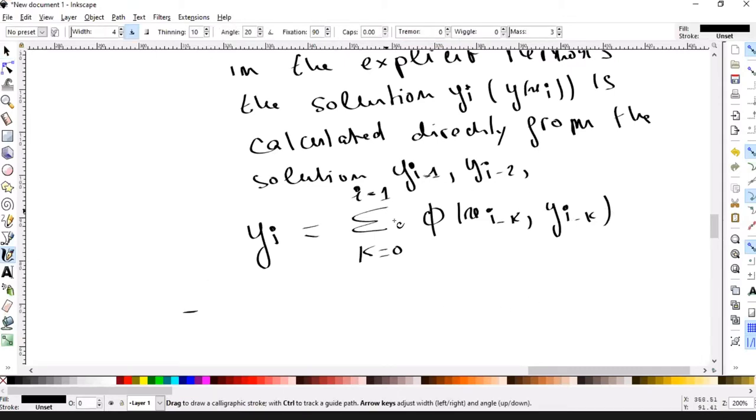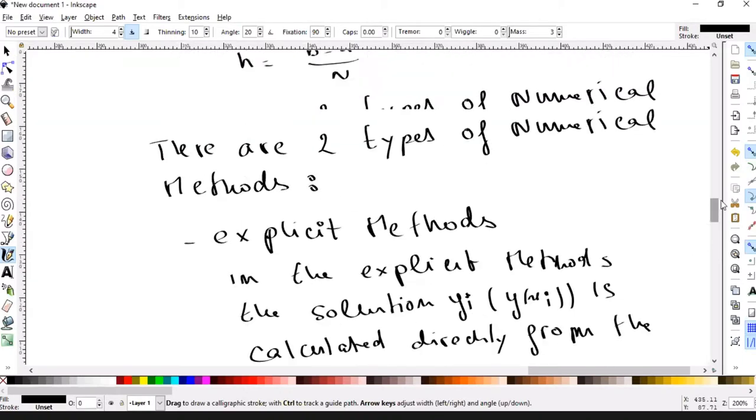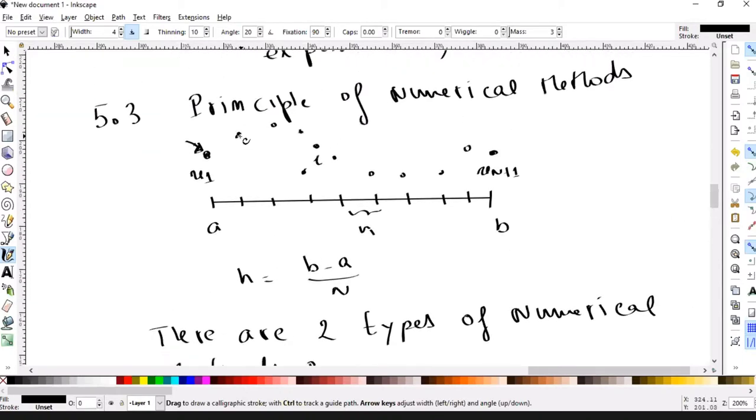I didn't define this function. The numerical method will define this function. And like I said, this point can depend upon just the previous point or can depend on several points. So the point xi can depend just on this point for the numerical method, or can depend on several points.